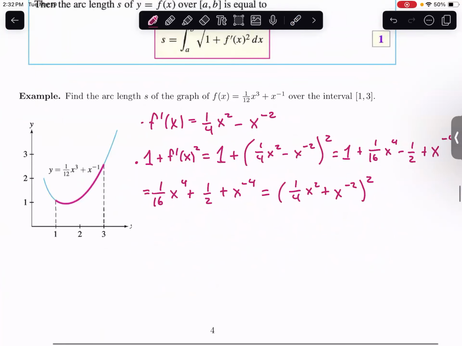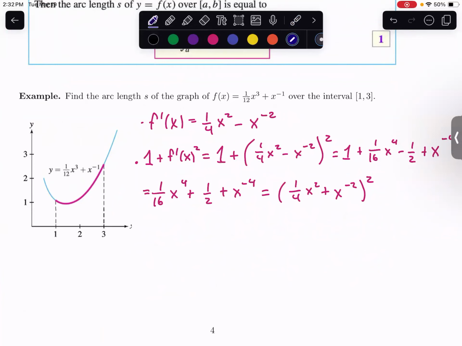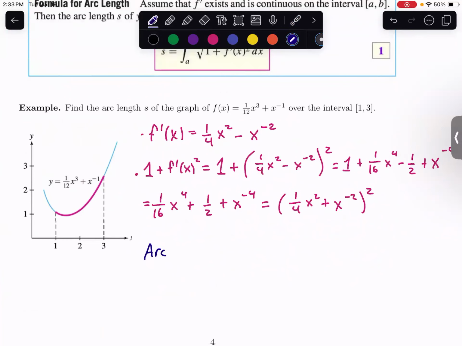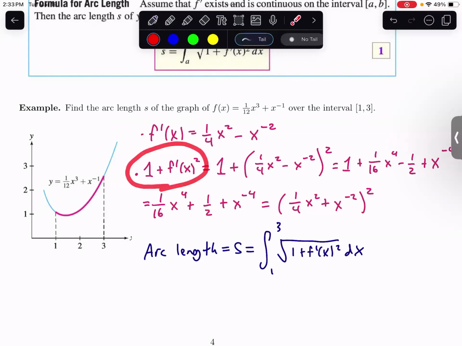So once we know this, we can determine what the arc length is going to be. We have that the arc length, denoted by s, is going to be the integral from 1 to 3, because we're on the interval from 1 to 3, of the square root of 1 plus f prime of x squared dx. And we determined what 1 plus f prime of x squared was.